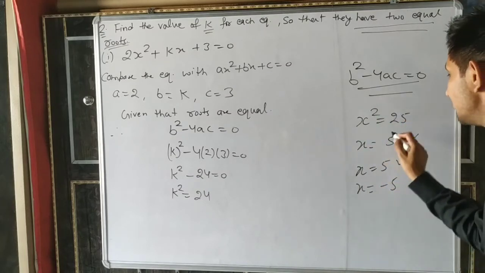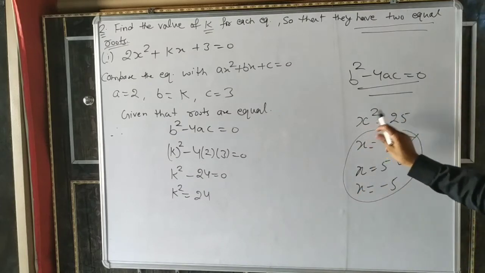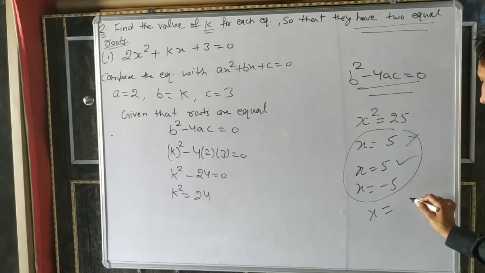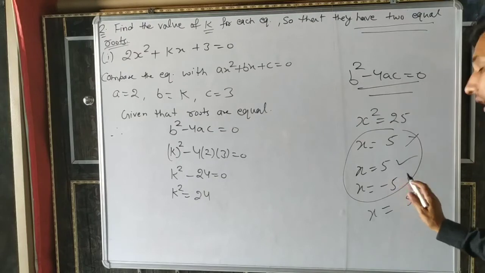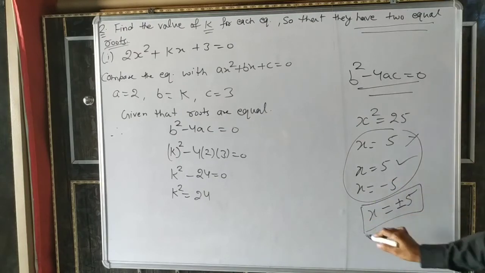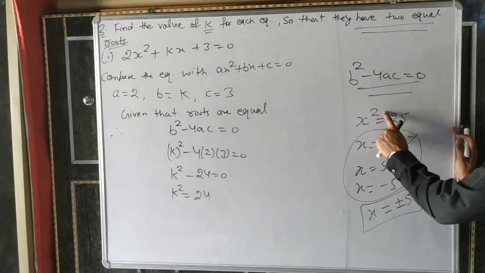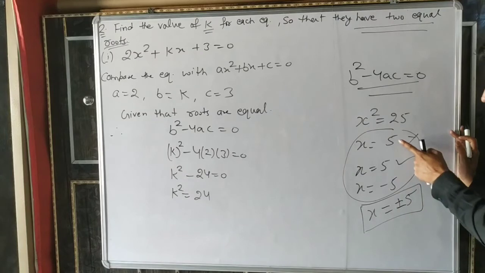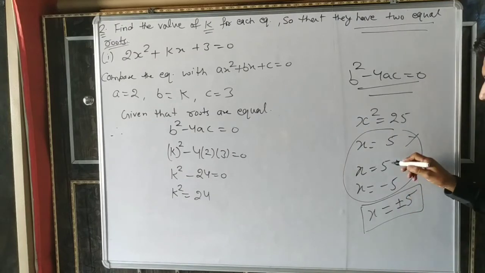So always, whenever there is a square root, x can be positive and also negative. It is very important: whenever we take the square root of both sides, we write positive and negative, because both values of x are possible.